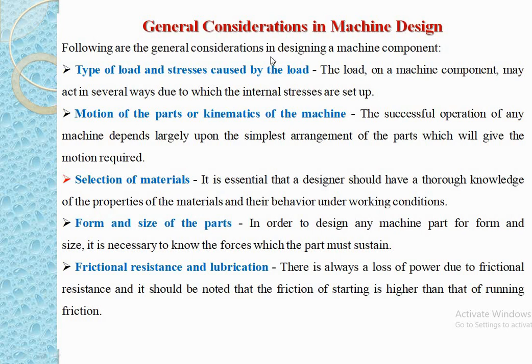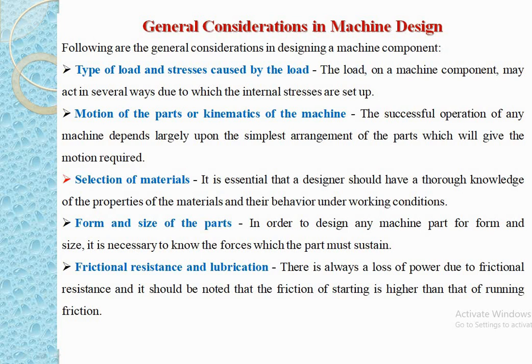Now the fourth consideration in machine design is the form and size of the parts. Form and size of the parts are based on judgment, because the smallest practicable cross section may be used.